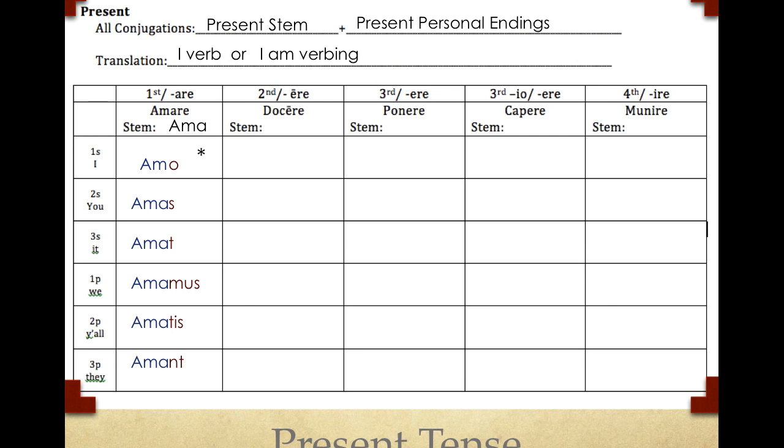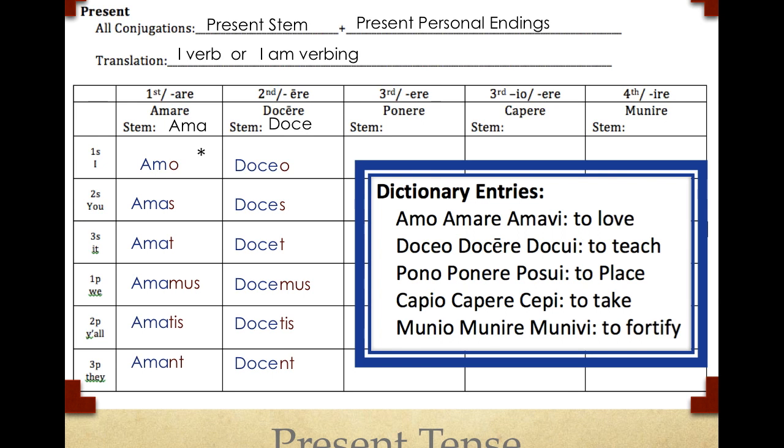Okay, the next verb we're looking at is docere. Again, doce, I just dropped the re off, write my stem all the way down, fill in my endings. Okay, for these last three, we need to pull up the dictionary entries. So these are all from the front of your page. I just screenshotted them and put them here. So pono, ponere, I dropped the O and my stem is pon.